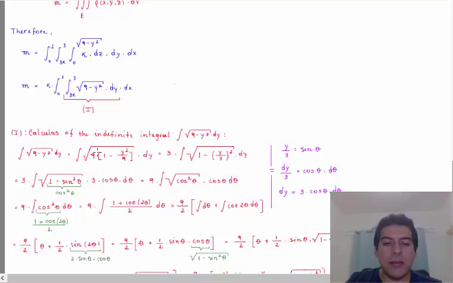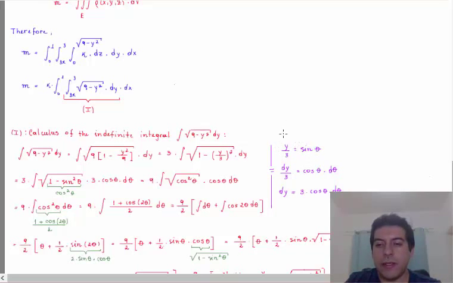We begin by isolating the 9 outside of the brackets, and we'll call y squared over 9 as y over 3 squared. At this time, we'll perform this substitution. We call y over 3 as sine of theta.